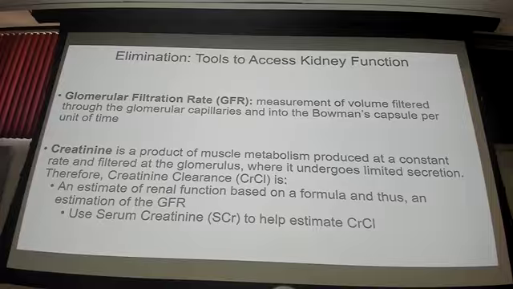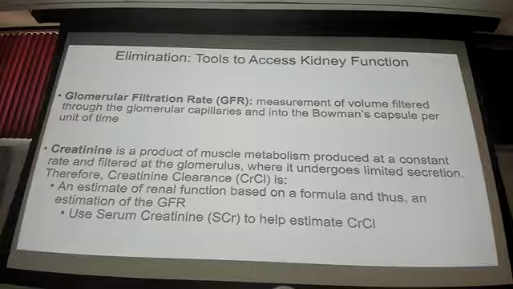And so we use glomerular filtration rate and creatinine levels both to assess the function of our kidneys and to understand how clearance works. GFR measures how well kidneys filter blood, and creatinine is a muscle byproduct that is excreted.